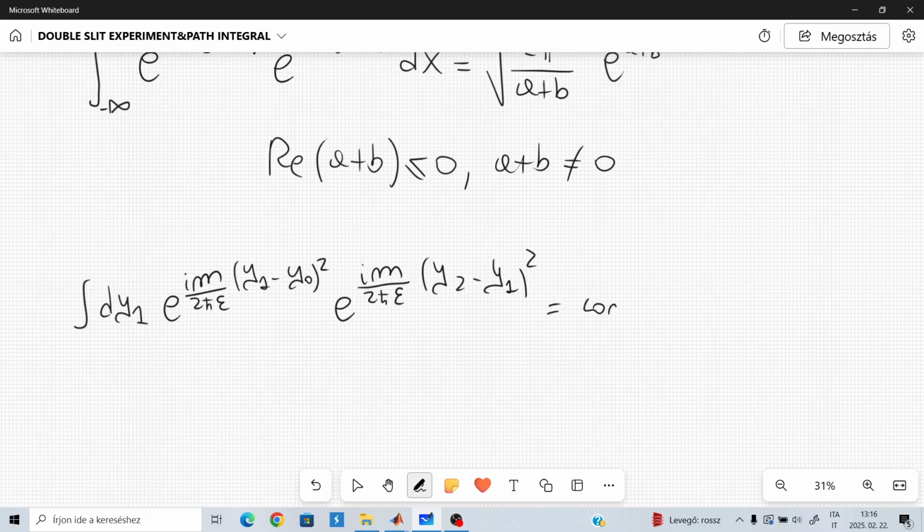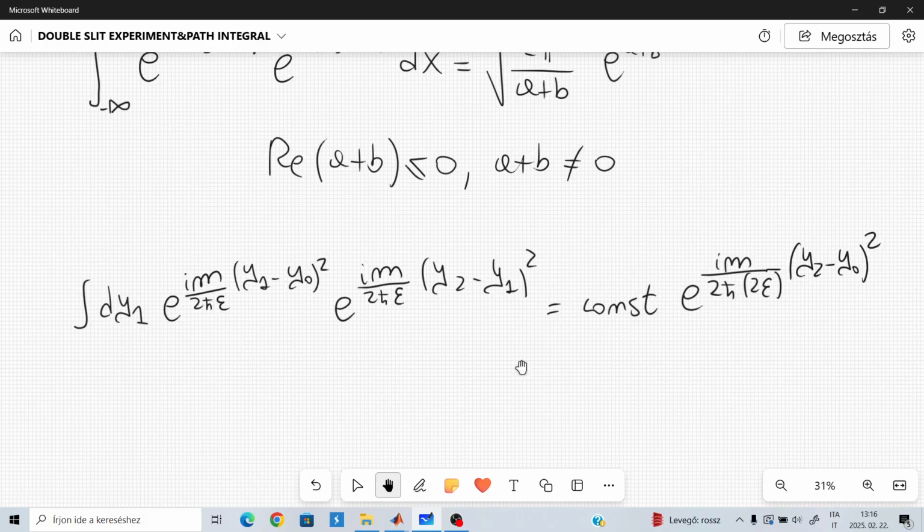What we get is a constant that I will not bother to write, even if it's quite simple. And then I have e to the i m divided by 2 h bar 2 epsilon, so we get this factor of 2 if we use the formula that I gave you, y2 minus y0 squared. So you get the final point minus the initial point. You don't get y1, of course, because we have integrated that out.